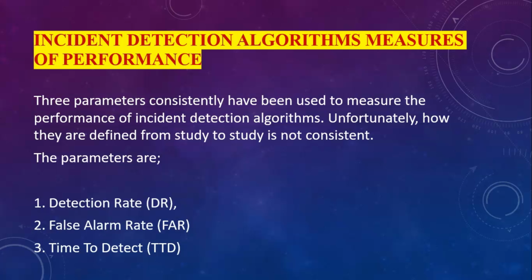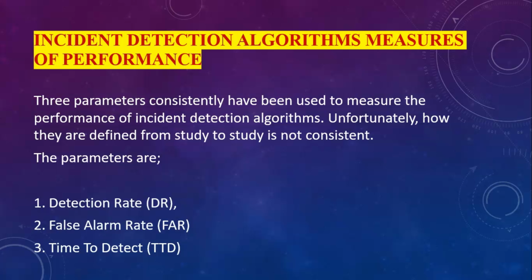So these three parameters are very important in measuring because, like we said in the earlier part of this lecture, the reason why we introduce this algorithm is to be able to know the detection time when an incident happens on the road.